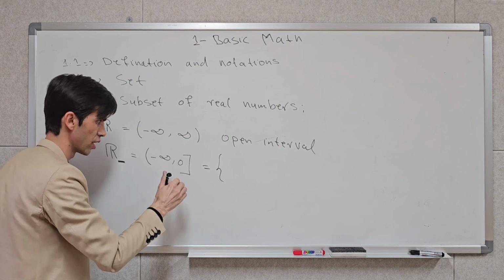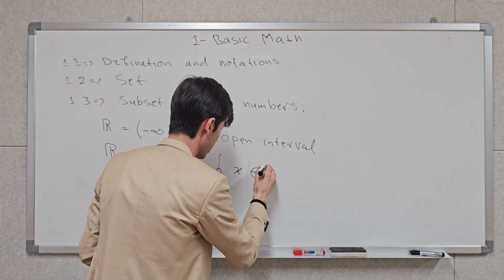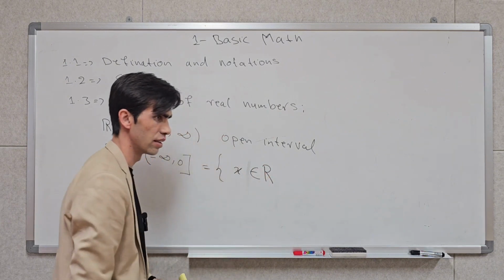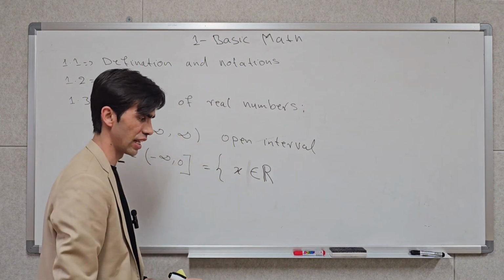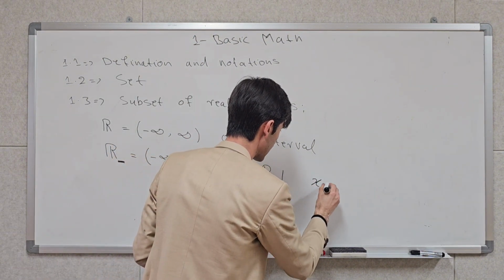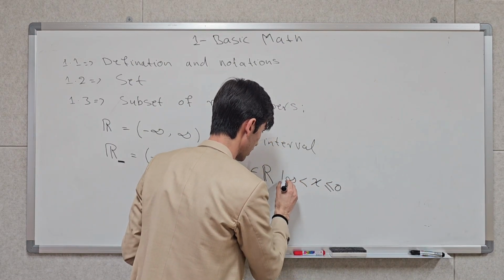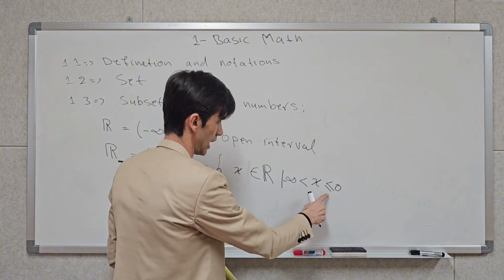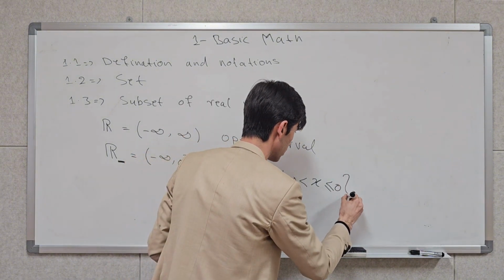And this one, R negative, starts from negative infinity but does not include negative infinity, up to 0. So we can write it this way: x in real numbers such that x is less than or equal to 0 and greater than negative infinity.